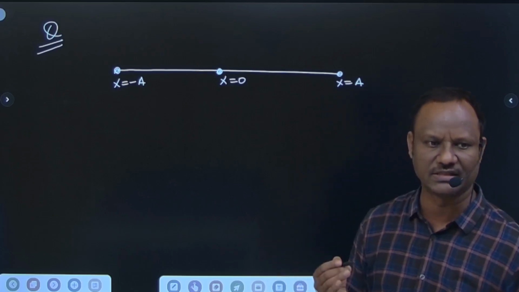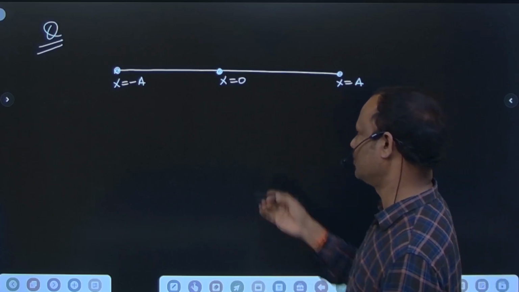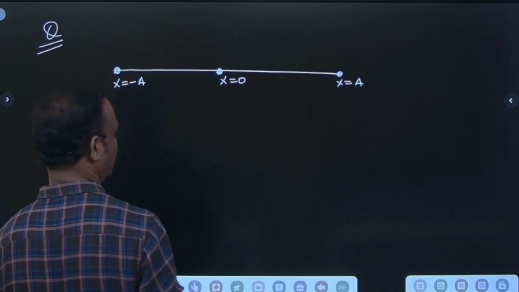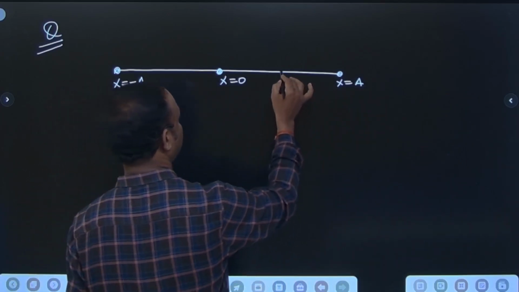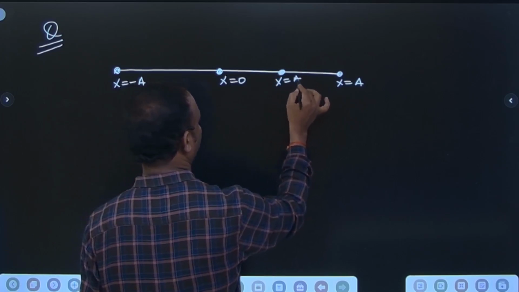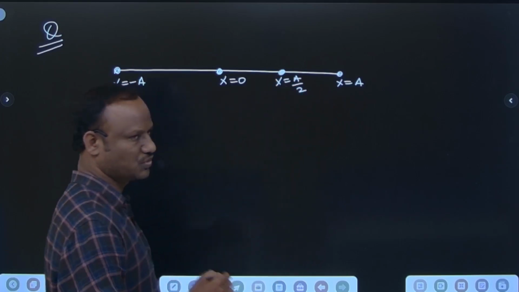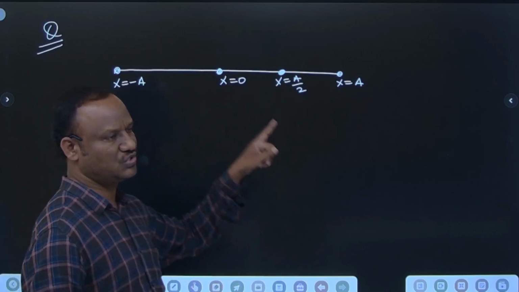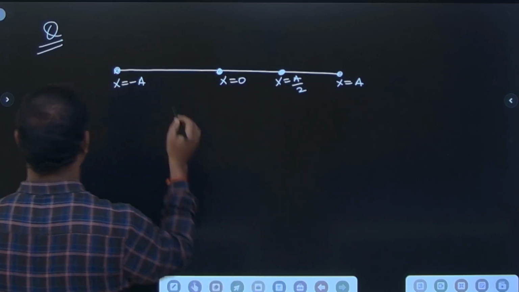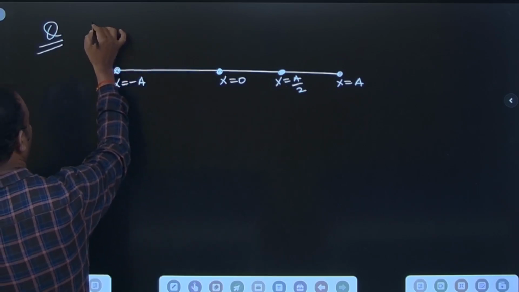If the particle is executing simple harmonic motion at x is equal to a by 2, what is the ratio of kinetic energy and potential energy? That is my question. I'm framing the question.